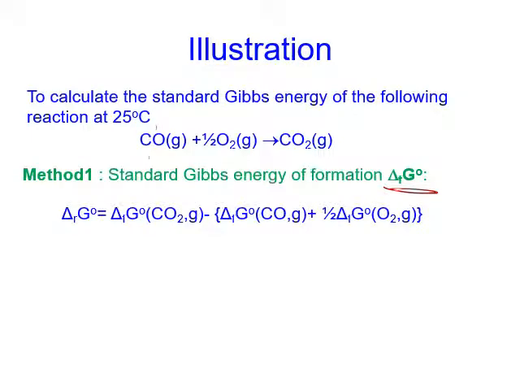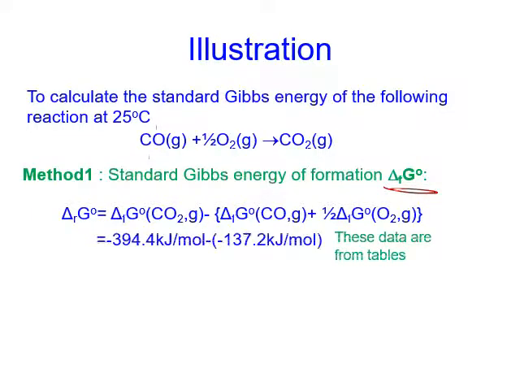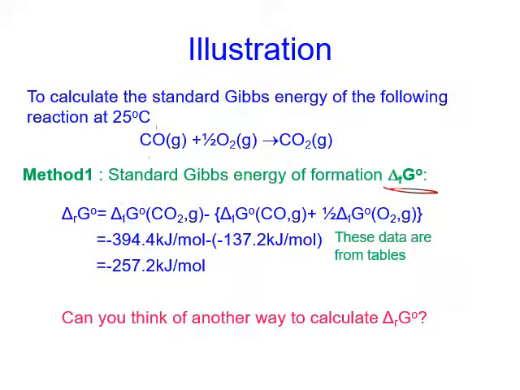The equation is the Gibbs energy of formation of products minus reactants. So find the data, plug in everything, and the answer is negative 257.2 kilojoules per mole. What does this tell you? It's negative, and therefore the reaction is spontaneous at the standard state. CO and oxygen forming CO2 is spontaneous.